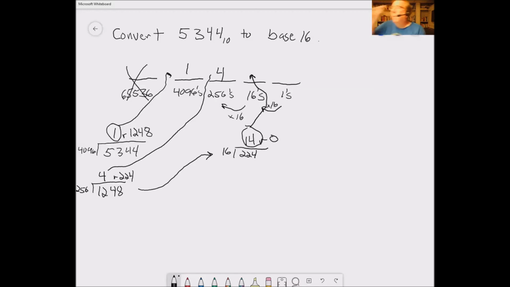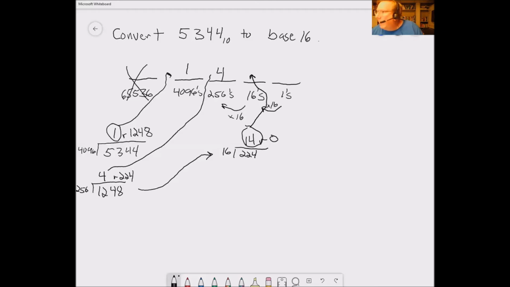But if I write a 1-4 up there, that's going to throw everything off by a slot. It's going to move this front one up into the 65,536 slot and so on. So every time we do a division, our quotient has to be written as a single digit numeral. The way we fix that in the base 16 world, because I have a 14, which is normally a 2-digit number, is we have to represent it as a 1-digit thing.